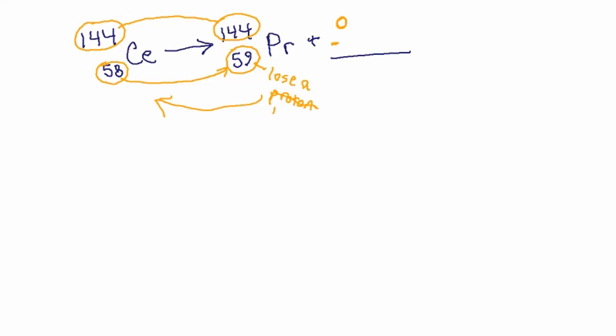So I should actually write that correctly. Lose a positron. And what's a positron? A positron is the positive charge on a proton. So without its positron, the proton is not positively charged and it turns into a neutron.